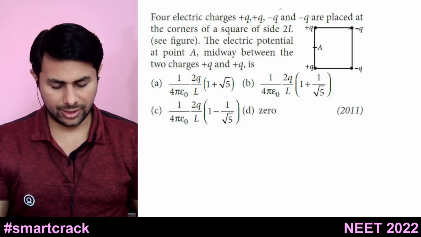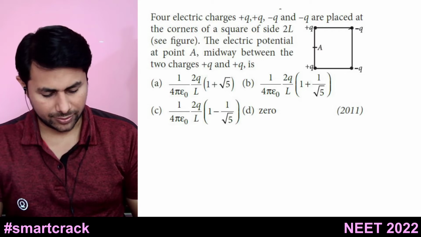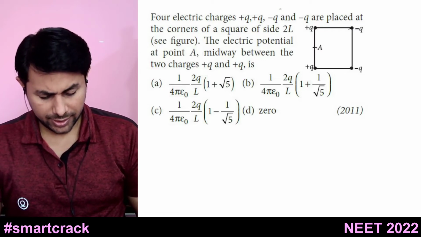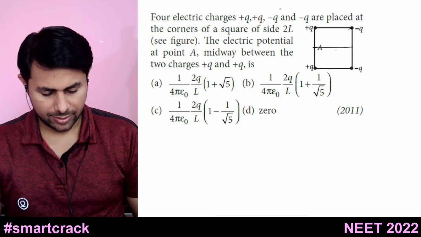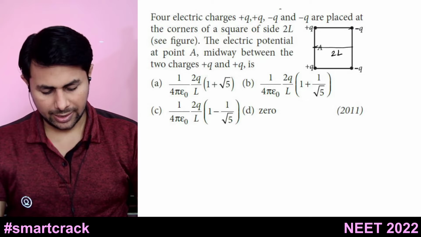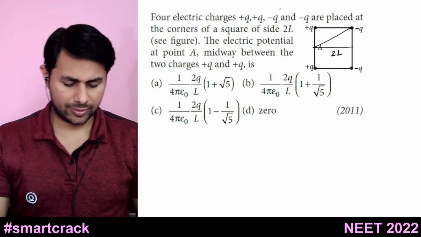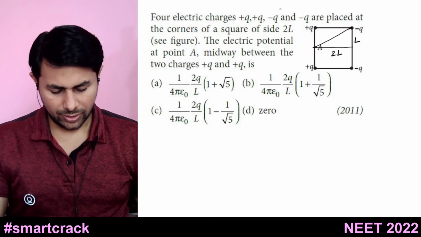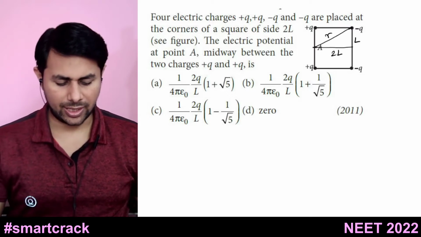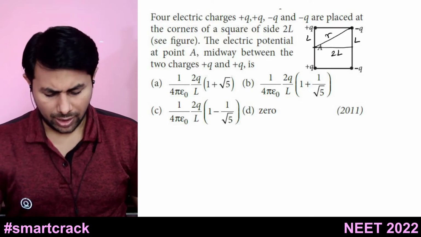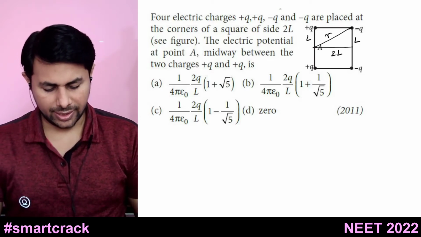So see, this is of side 2l, so this distance is 2l, and if I join this with this point, this distance will be l, right? Now this distance is suppose r, and this distance is l. So how much is the potential at this point A?